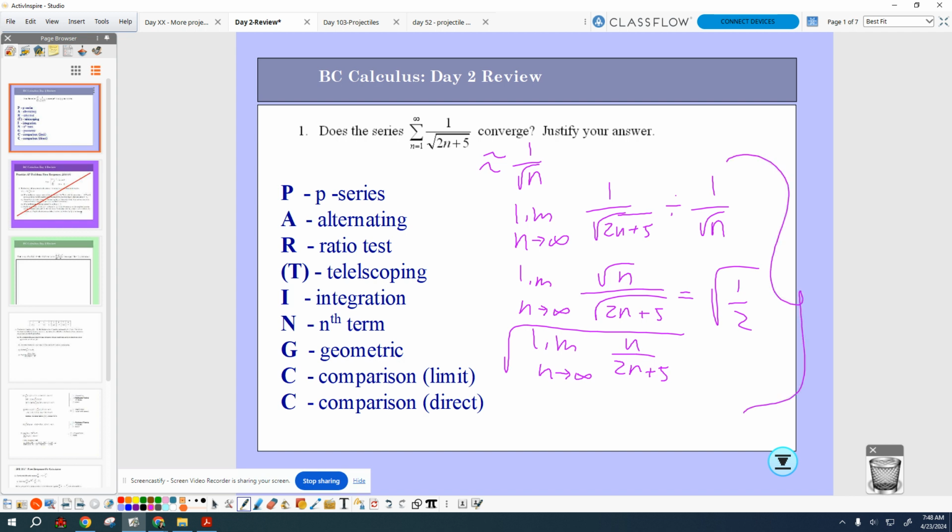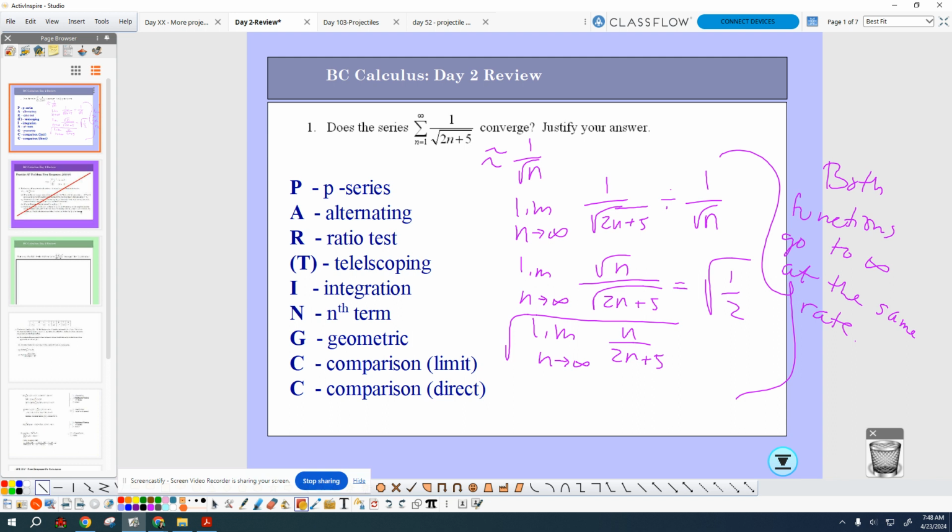That 1/√(2n+5) and 1/√n are comparable. All it tells me is exactly what Nick said, they're comparable. Both functions go to infinity at the same rate. Yes, as a matter of fact, they do.